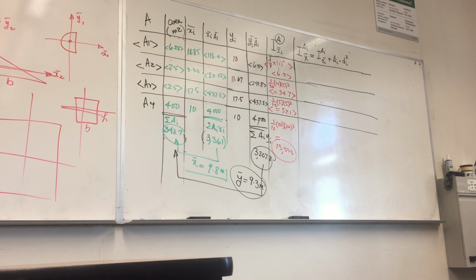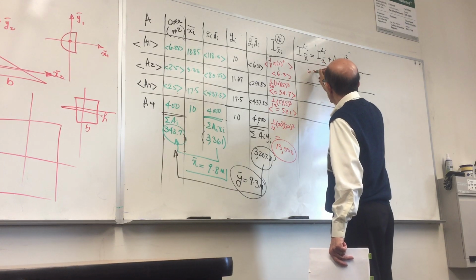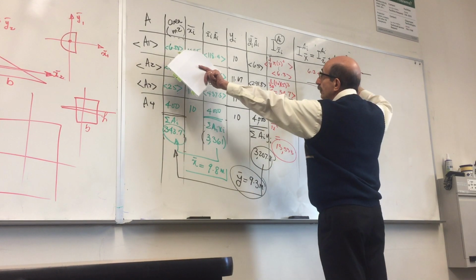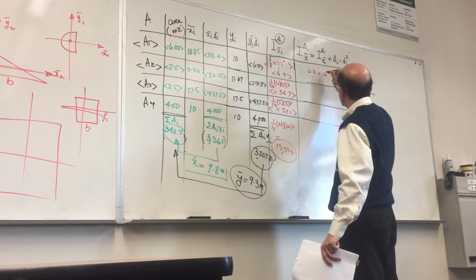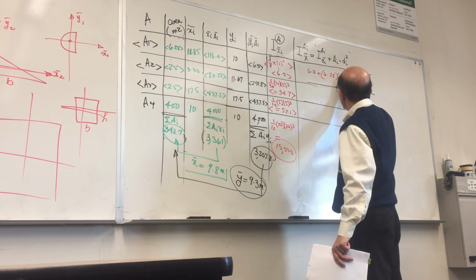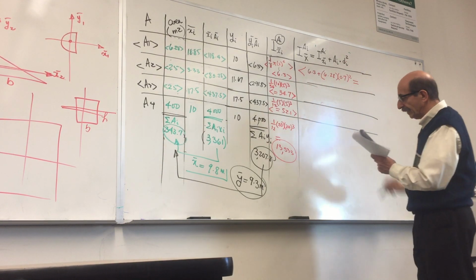This is 9.3, this was 10, so this is 10 minus 9.3, so it's 0.7. So for the first one, you just simply write 6.3 plus the area, which you have here, 6.28 times the distance squared. And that will give you that value.